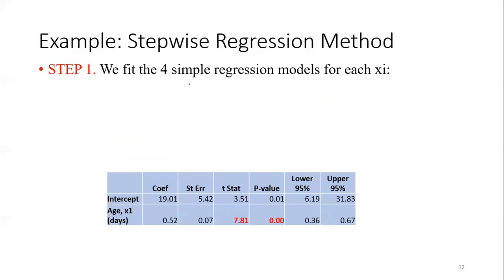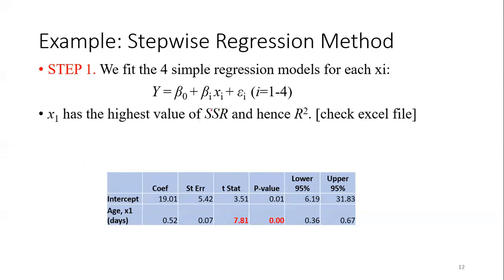First, we fit the 4 simple regression models for each xi: y to x1, then y to x2, x3 and x4, and check the highest SSR or highest R square.